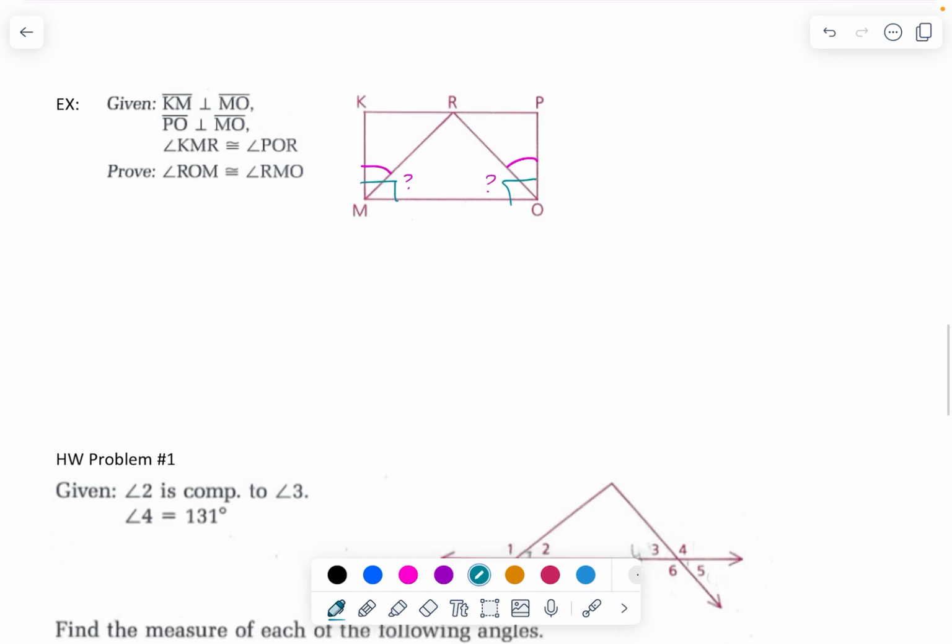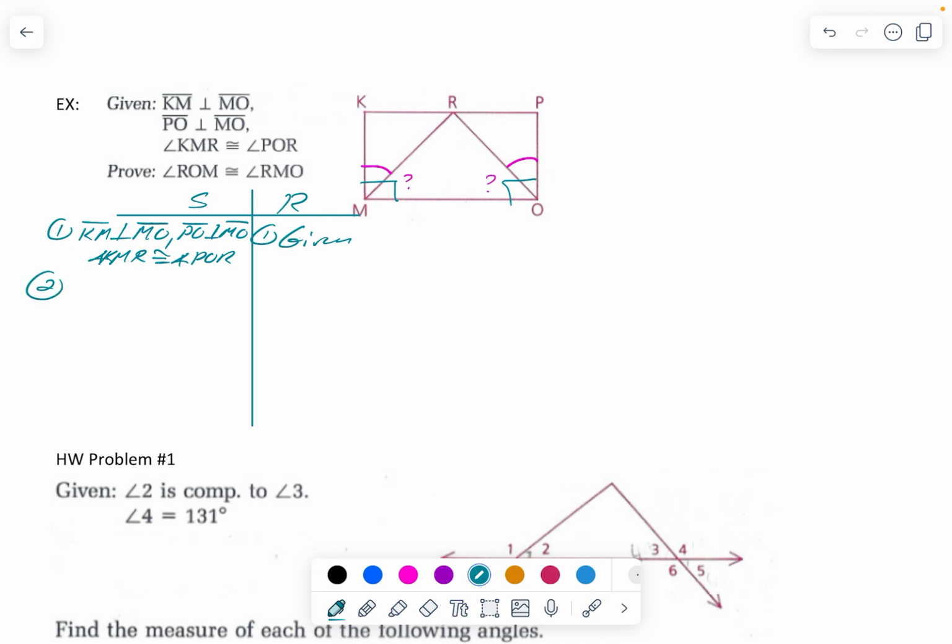All right, so let's do this one. This is an actual proof, not just stating the conclusion. So first of all, we have KM perpendicular to MO, PO perpendicular to MO, and we have angle KMR congruent to angle POR.